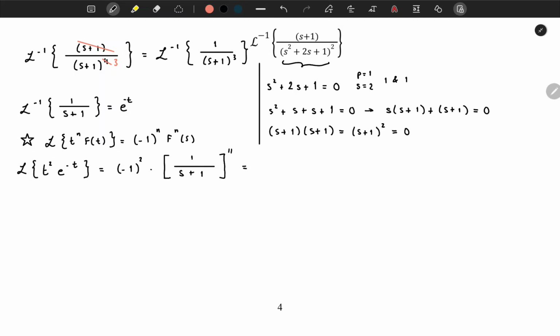I'm going to skip the differentiation; if you do that on your own, you should get what I get. Once you differentiate it twice, you should get 2 over s plus 1 cubed.